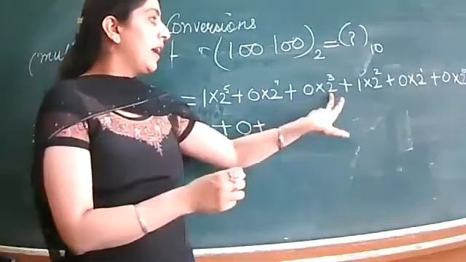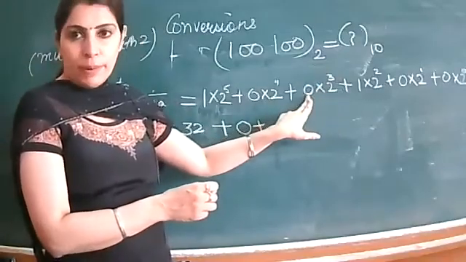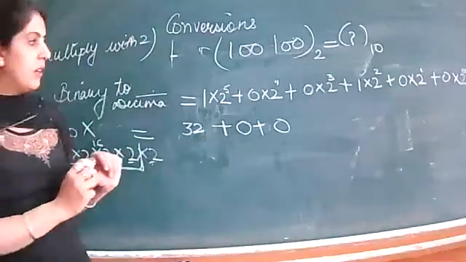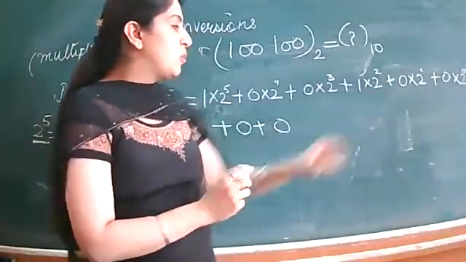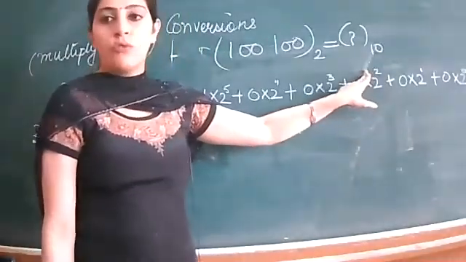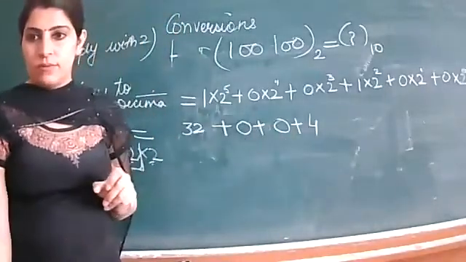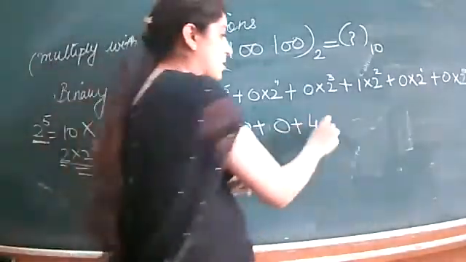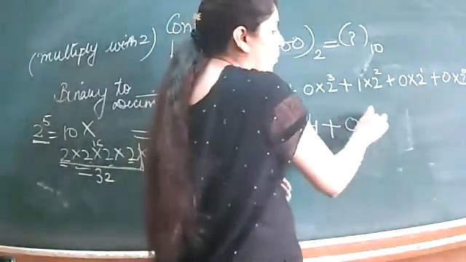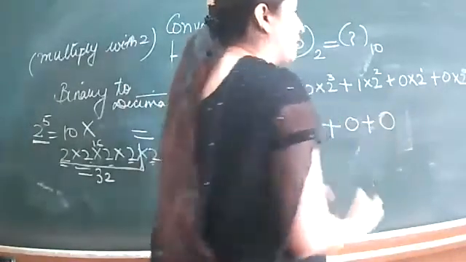Next, again 2 raised to power 3. Whatever the answer, we have to multiply by 0, so obviously we are getting the answer 0. Clear? After that, 2 raised to power 2. 2 raised to power 2 is 4 and 4 into 1 is 4. Plus, the next one is multiplied by 0 so it will be 0. After that also it is multiplied by 0, that's why the answer is 0.